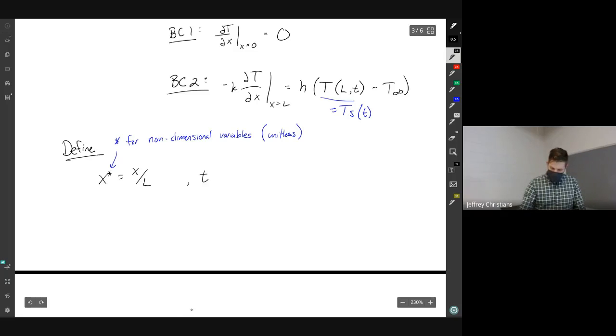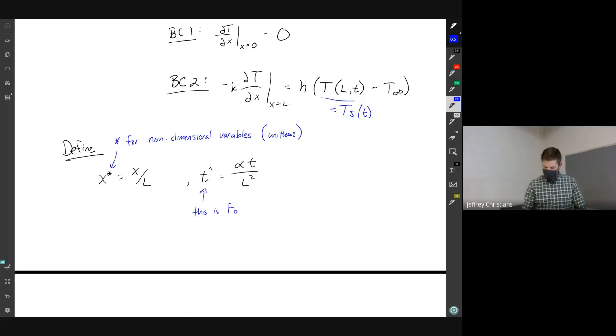We define a non-dimensional time, which is t star equals alpha T over L squared. That's the Fourier number, which we've looked at before, so they're the same thing. I'm writing it as T star just for consistency because we're doing all of these as star variables.